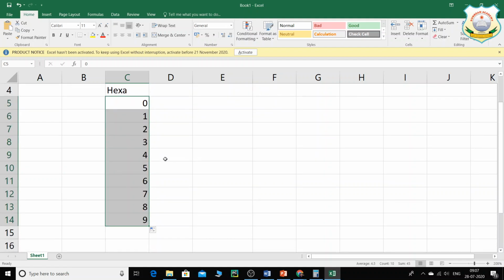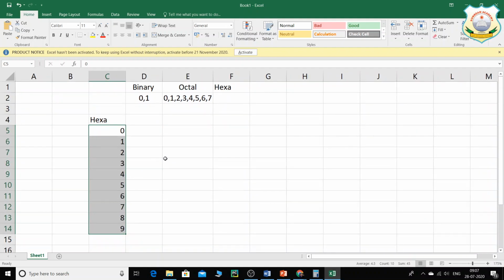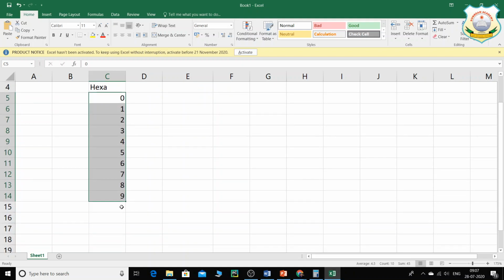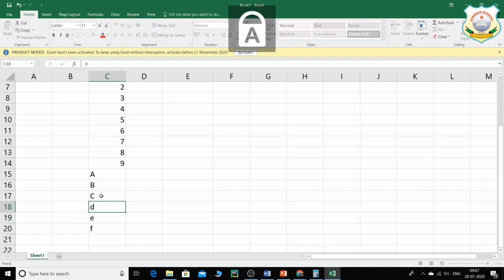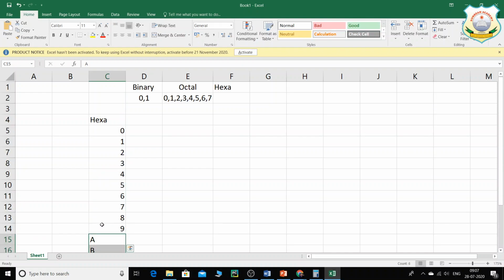So 0 to 9, and then come the alphabets A, B, C, D, E, and F. These are the 16 symbols.